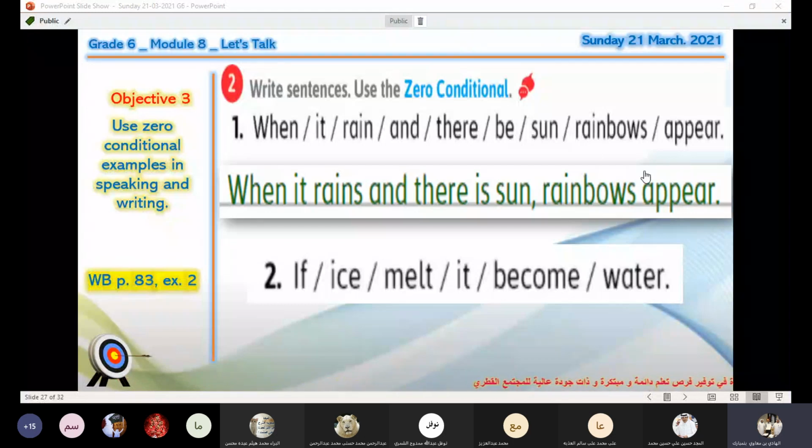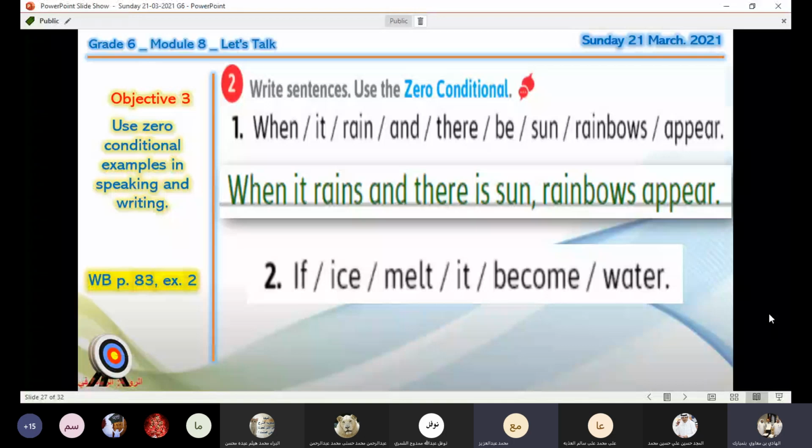Hamad Abdulaziz? Yes, teacher. Would you please reorder these words to get a zero conditional sentence?